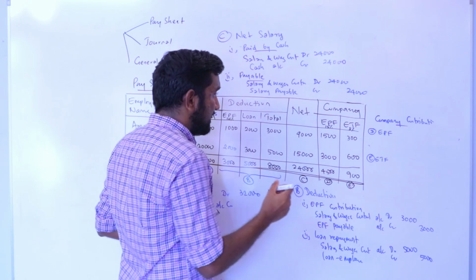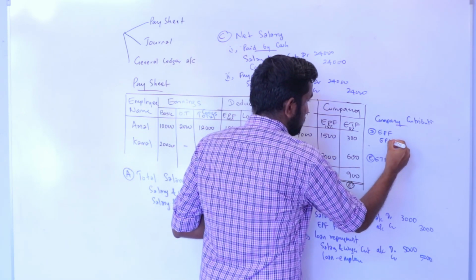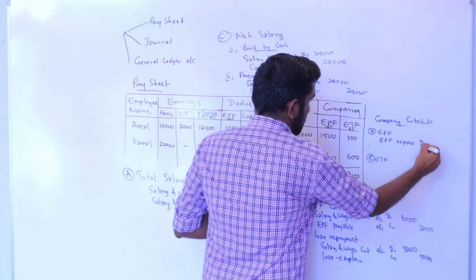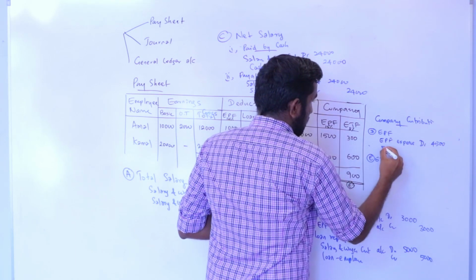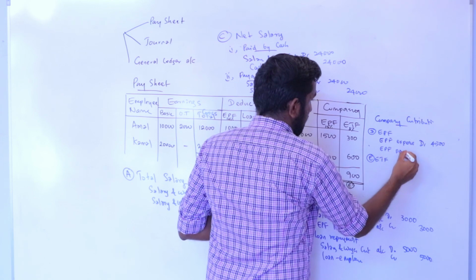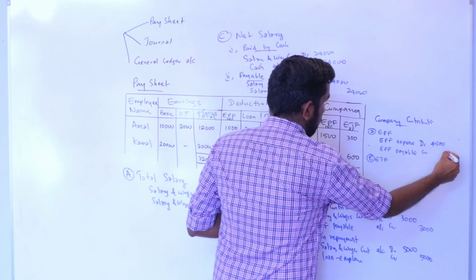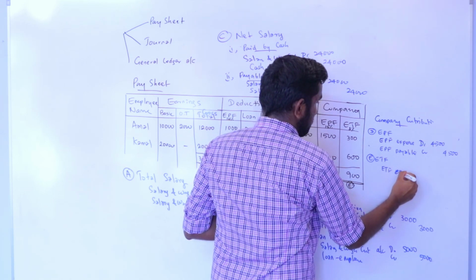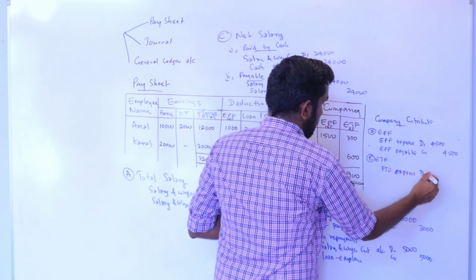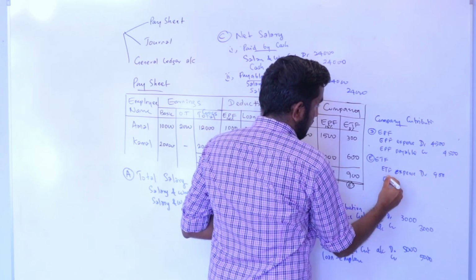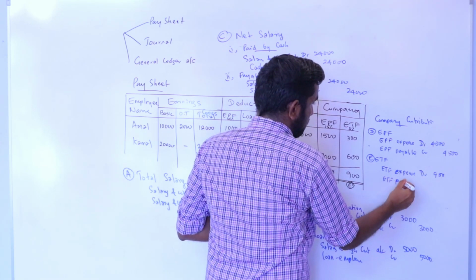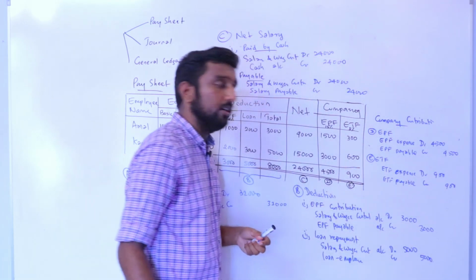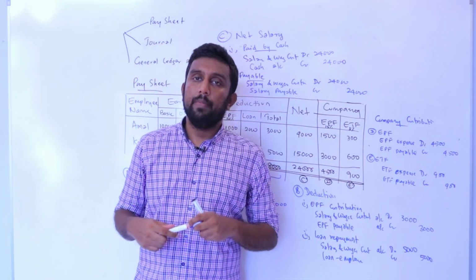So EPF expense debit 4,500, then EPF payable credit 4,500, ETF expense debit 900, then ETF payable credit 900, right? So those are the contributions by the company.